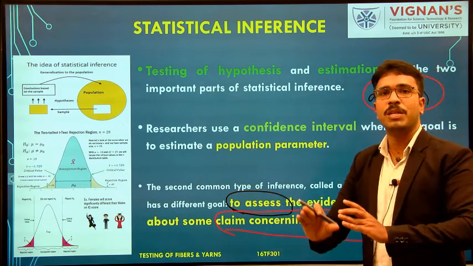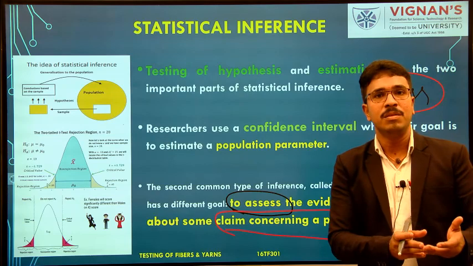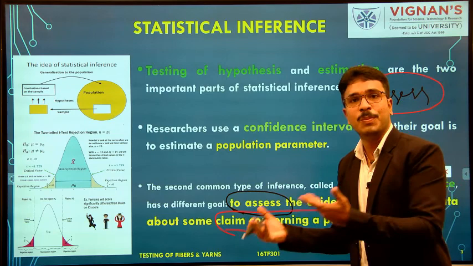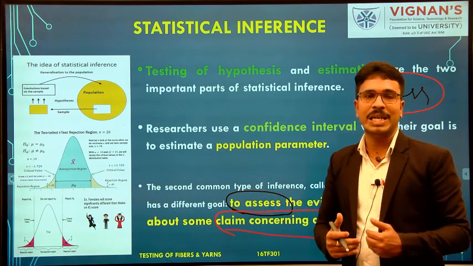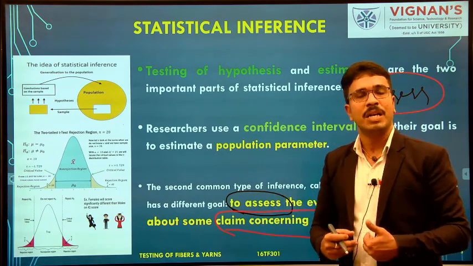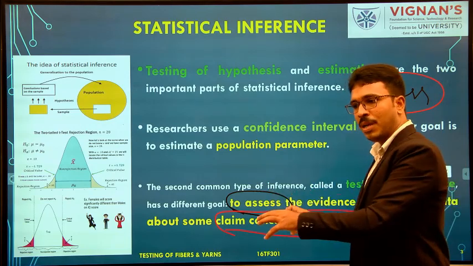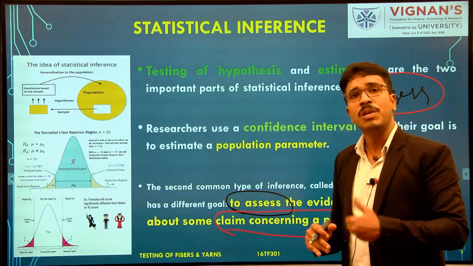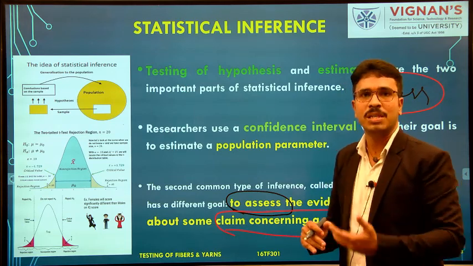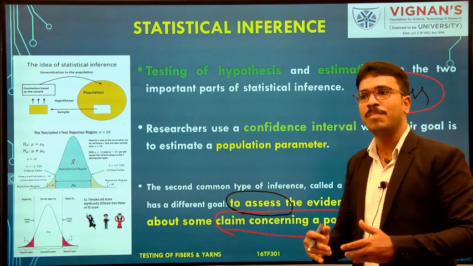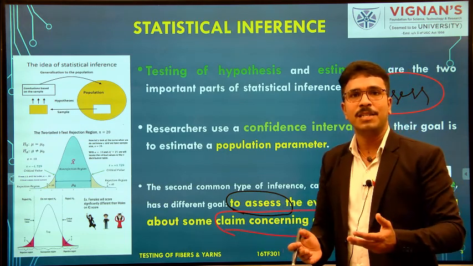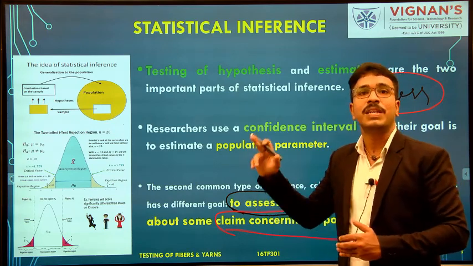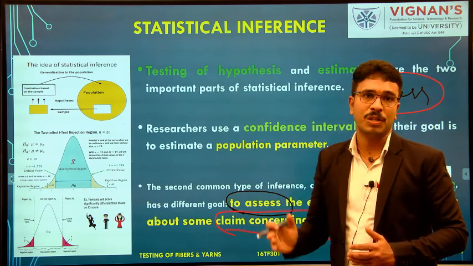So about the population, whatever the data we have, we are making a claim: the population quality is good or the population quality is poor. Understand? You have a claim about your population, so how are you going to assess it? You have to assess it. Without assessment, you simply cannot claim anything. That assessment part we are going to do with the significance test, or testing of hypothesis.